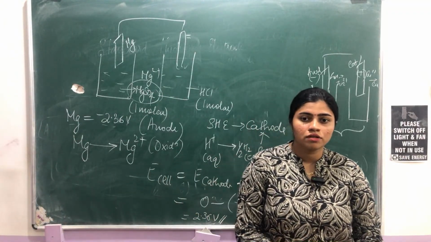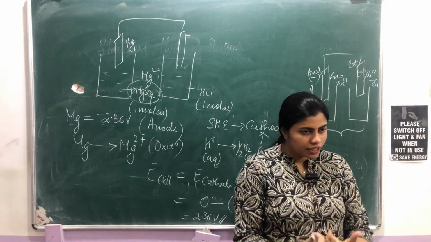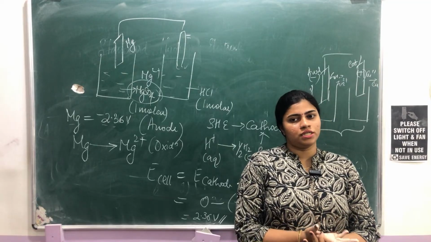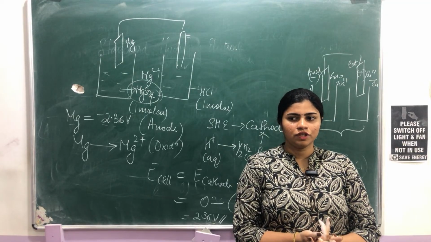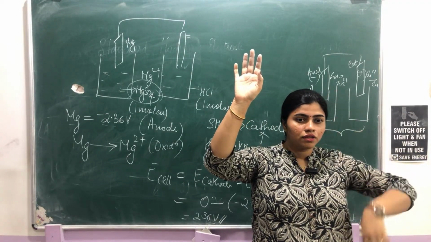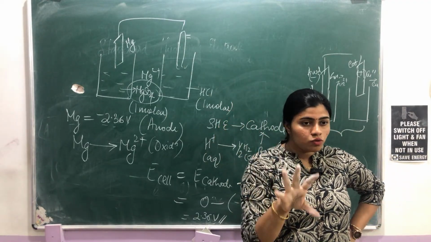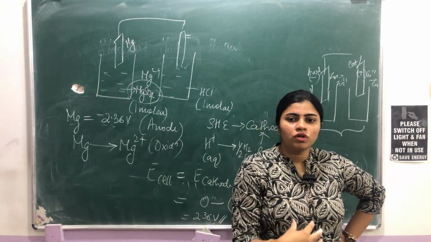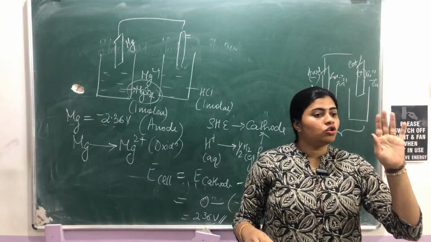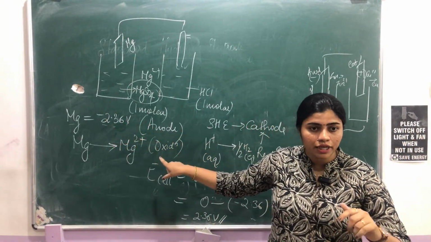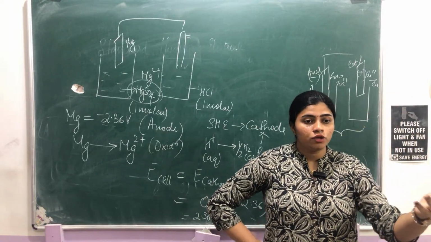I am undergoing oxidation, so I will be a good reducing agent or a good oxidizing agent? How many are saying oxidizing agent? How many are saying reducing agent? Because if you are a reducing agent, you help others undergo reduction and in yourself you undergo oxidation. So understand that the more negative the value, the more oxidation will take place, and the better it is as a reducing agent.